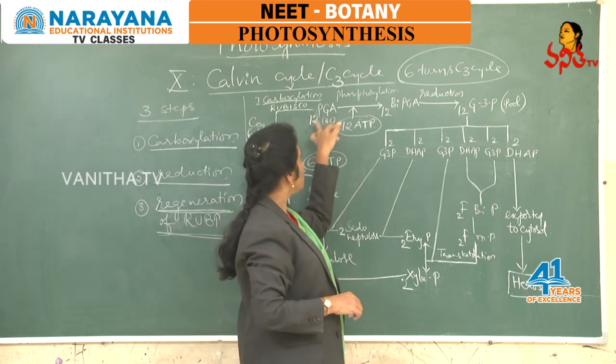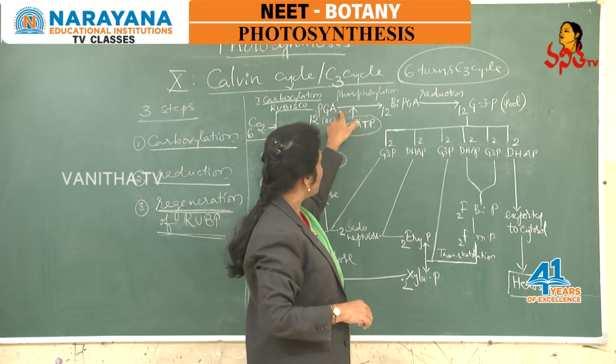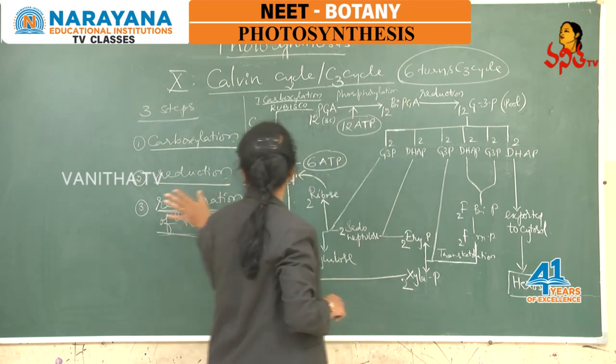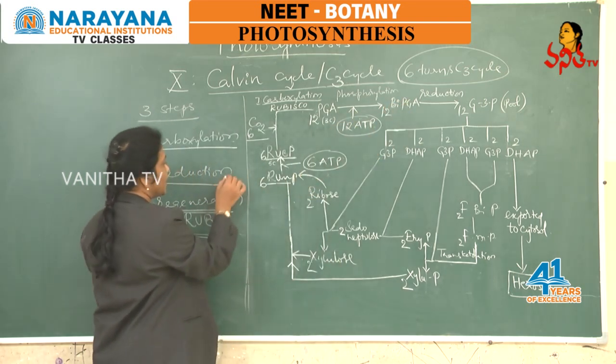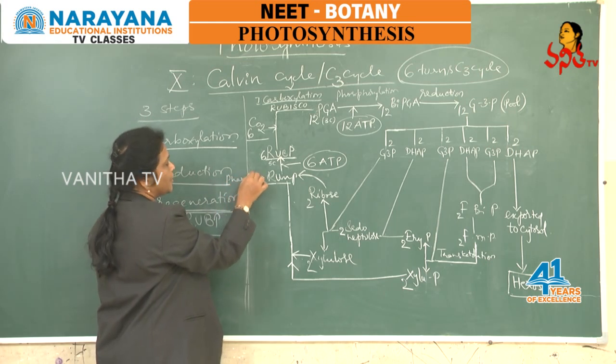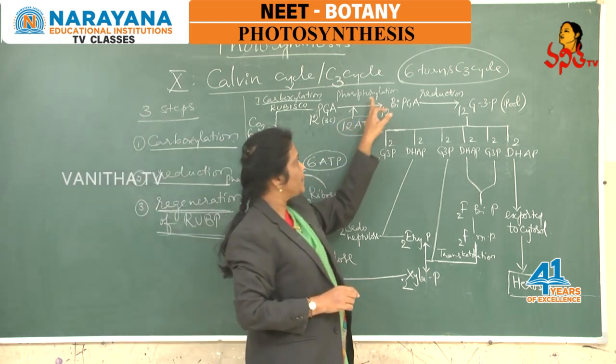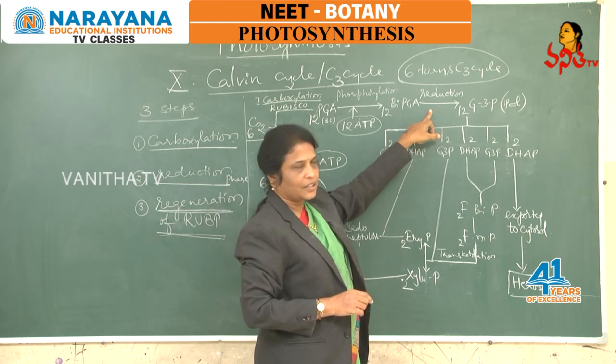Now, these 12 molecules of phosphoglyceric acid enter into the second phase, that is the reduction phase. But there are 2 types of reactions in the reduction phase.